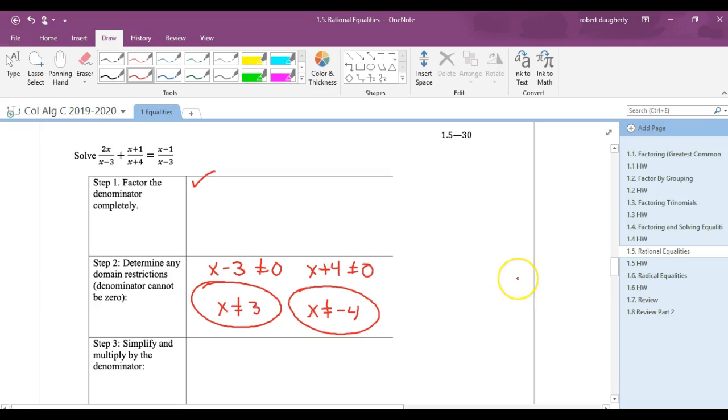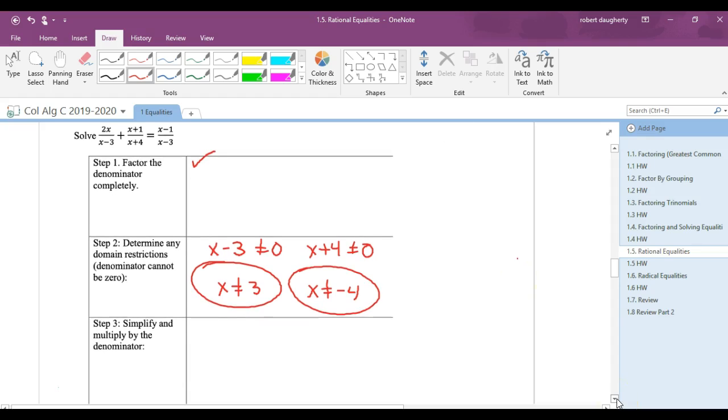So let's do that. I'm going to try to use two different colors here so you can see it. So I'm going to have 2x over x minus 3, and then that's going to get multiplied by x minus 3, x plus 4.